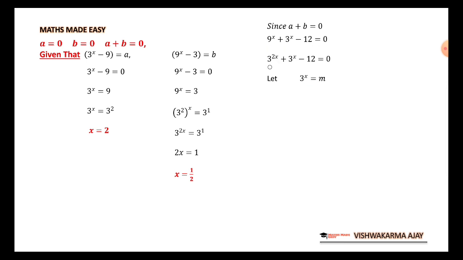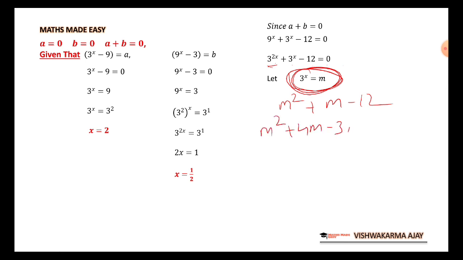I will substitute 3^x equal to m. So this becomes m square plus m minus 12. Now we will factorize this to get the value of m: m square plus 4m minus 3m minus 12, which can be written as (m plus 4)(m minus 3) is equal to 0.